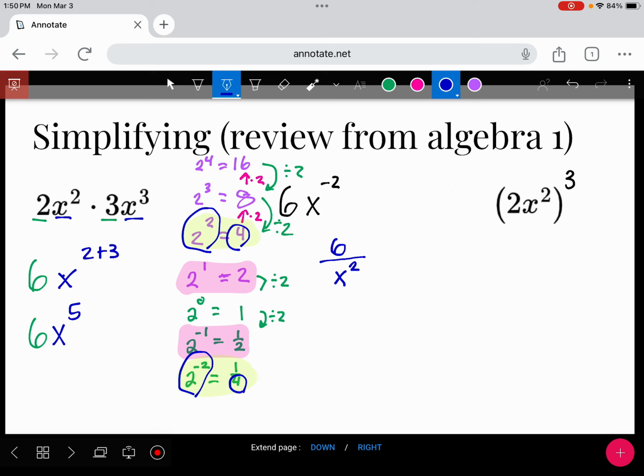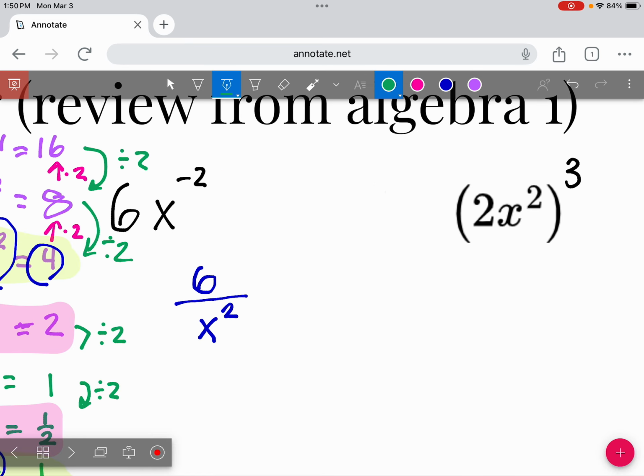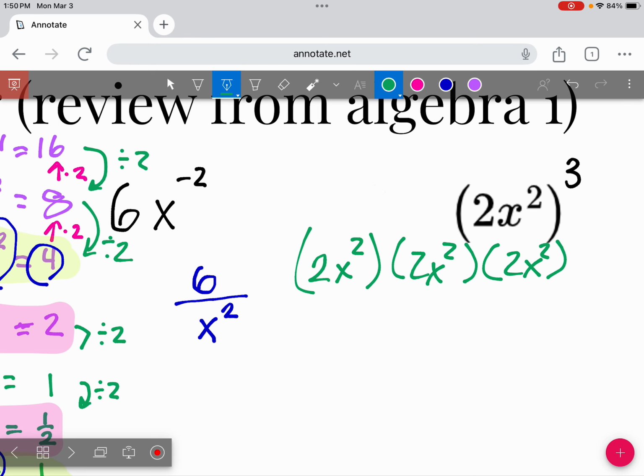What about the one on the right, if I have powers over powers? Isn't that when you multiply? Mm-hmm. This feels a lot like distribution because I need to make sure the 2 gets multiplied too. This is the same thing as 2x squared times 2x squared times 2x squared. That's what it means for them to be cubed.